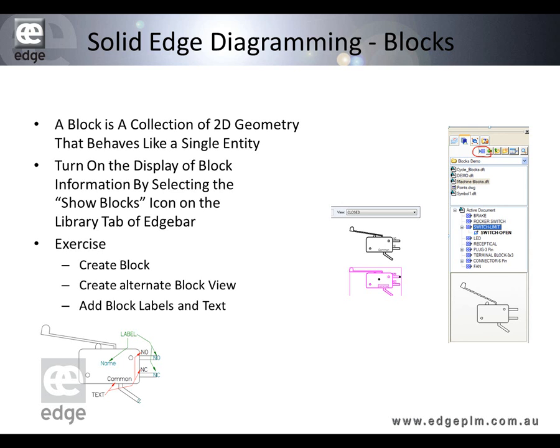We can turn on the display of this information by selecting the Show Blocks icon on the Edge bar. So you'll notice there's an icon under the Parts Library area, which is called Show Blocks. That's in this illustration over on the right here. Blocks are similar to AutoCAD blocks, if you like, and we can use AutoCAD blocks on the fly.